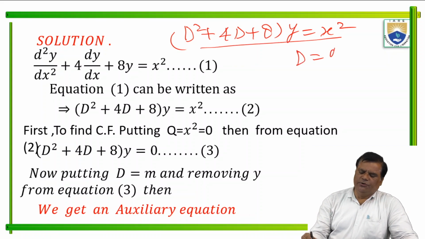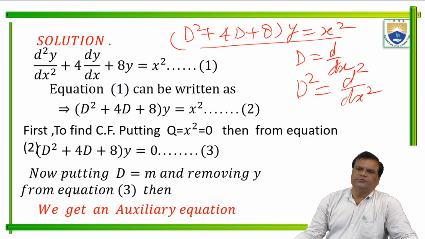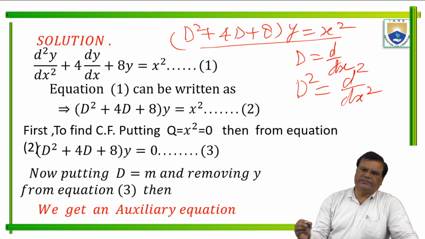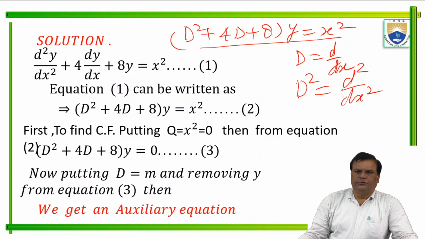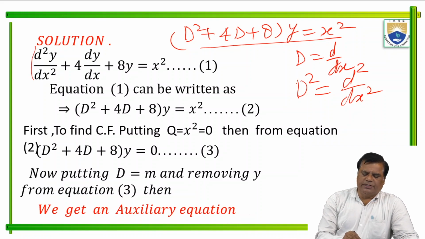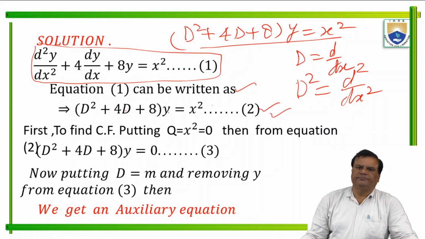D means d over dx, differentiating with respect to x. And D square means d2 over dx2 with respect to x. This is the second derivative, and this is the first derivative of the function. So equation 1 is the question in our question paper, and equation 1 can be written as equation 2: (D square plus 4D plus 8)y equal to x square.